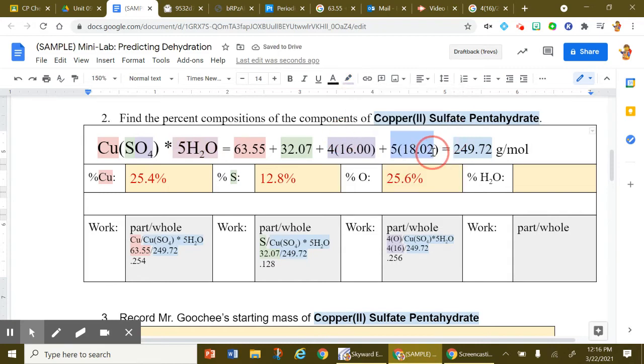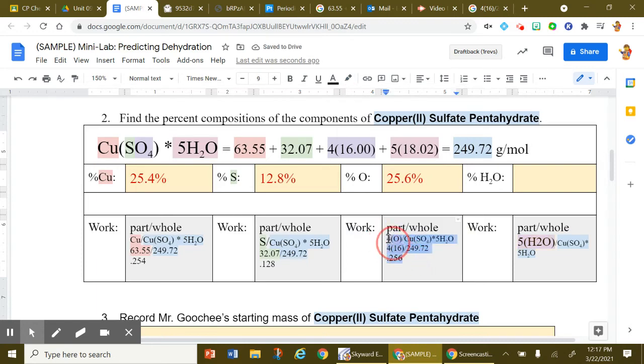So this is going to be the mass of five H2Os divided by the mass of the whole thing. That's too much to put into one line, so we'll just let it be. So what is that going to be?